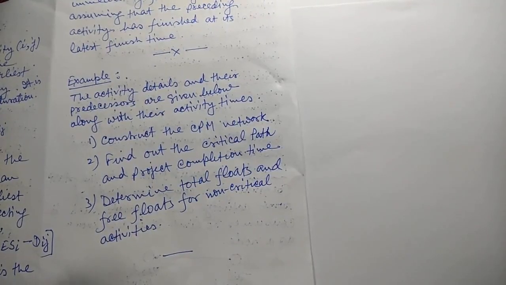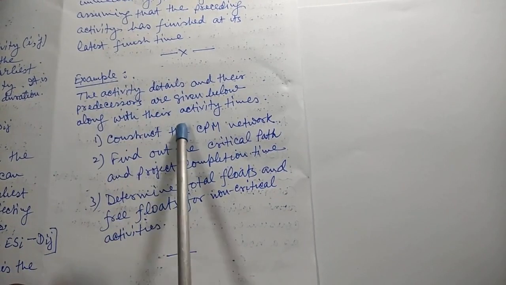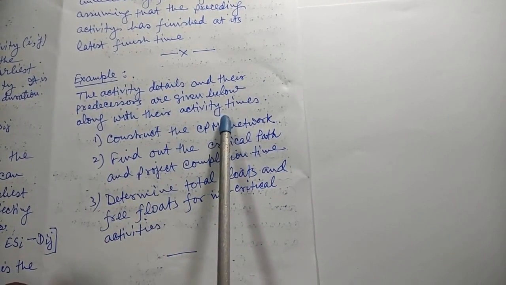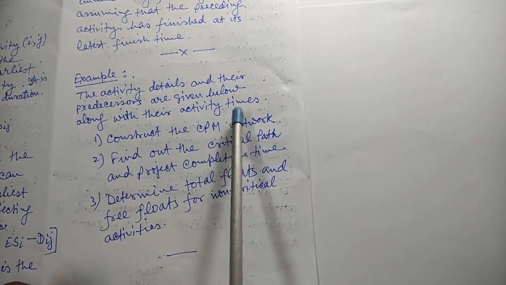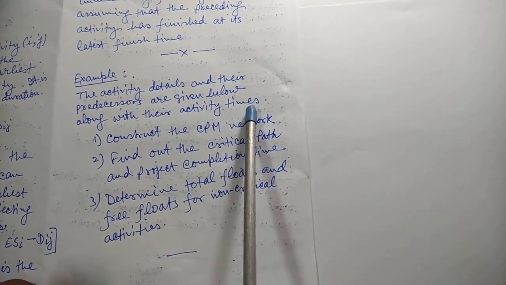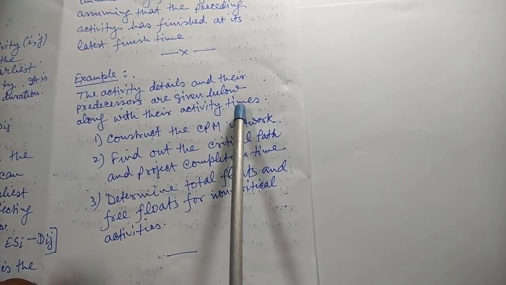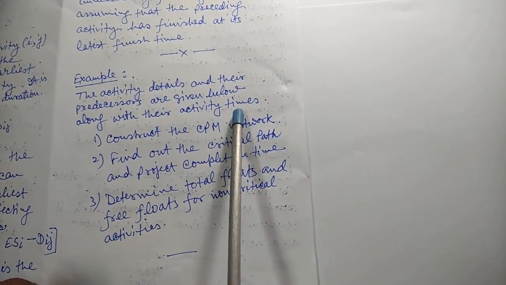Consider the following example. The activity details and their predecessors are given below, along with their activity times. So, different activities are given, their predecessors are mentioned, and corresponding activity times, that is duration of activity, are given.